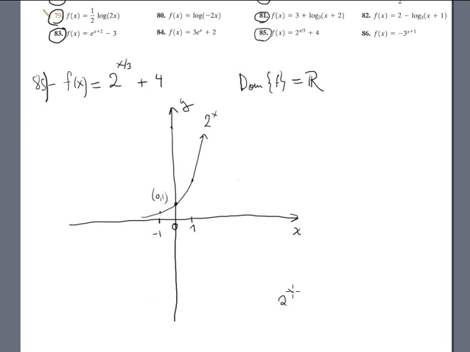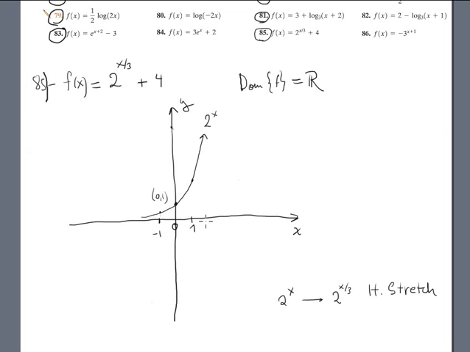Now, transformation number 1. 2 to the x is transformed to 2 to the x over 3. Okay, this is a typical horizontal stretch. Why?